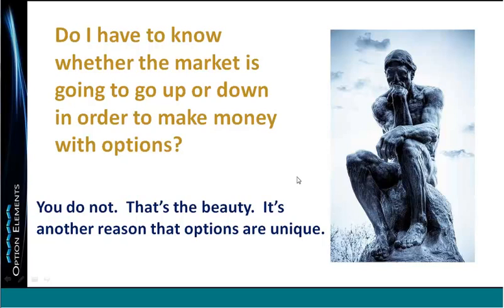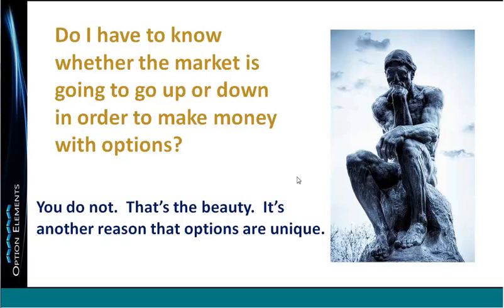This brings us to another question. Do you have to know whether the market's going up or down in order to make money with options? Because it sounds to me like the previous screen said, hey, the buyer of a call thinks the market's going up, the buyer of a put thinks it's going down. Well, that's technically correct, but you don't have to know whether the market's going up or down to make money with options.